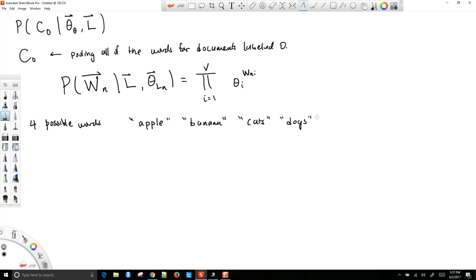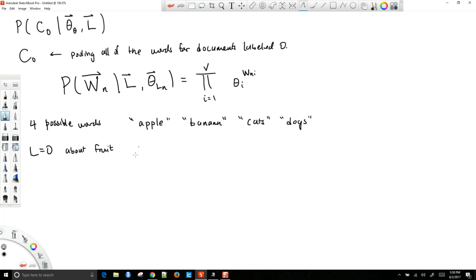And perhaps our documents are either about animals or fruits, okay? And so we'll say label equal to 0 means it's about fruit.